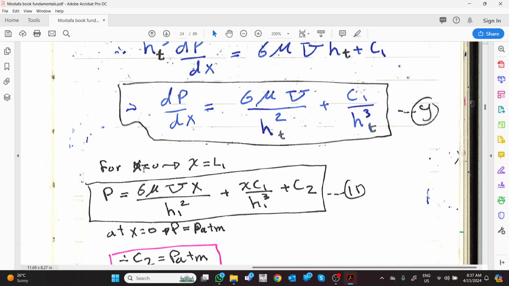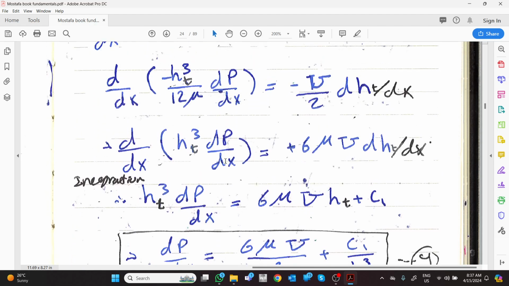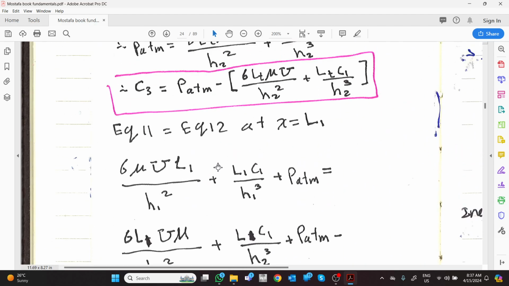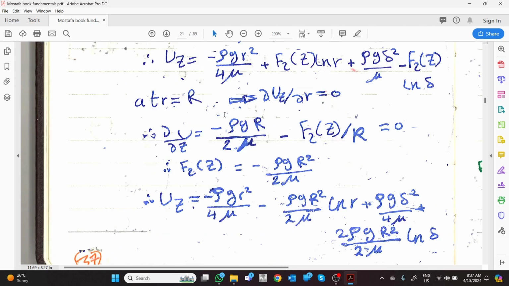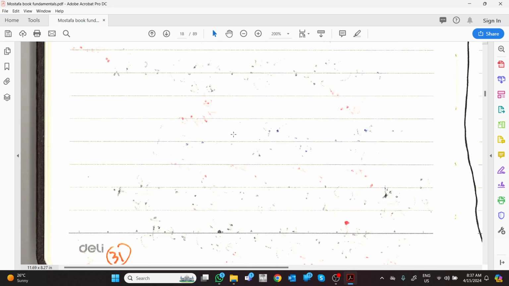Boundary condition: we know at x equals 0 to x equals L. By the way, we need to ask ourselves, is it changing?